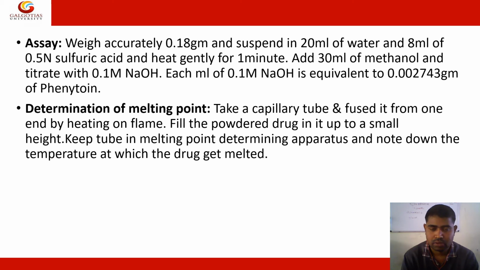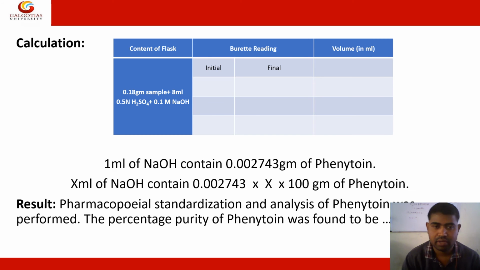So now comes the next, that is the calculation portion of the assay. In a similar way, in the calculation portion, you do the same thing as you have done in the titration portion, the acid base titration. So in the first column, you just have to mention the conical flask contents, like 0.8 gram of sample plus 8 ml of 0.5 molarity sulfuric acid plus 0.1 molarity sodium hydroxide solution.